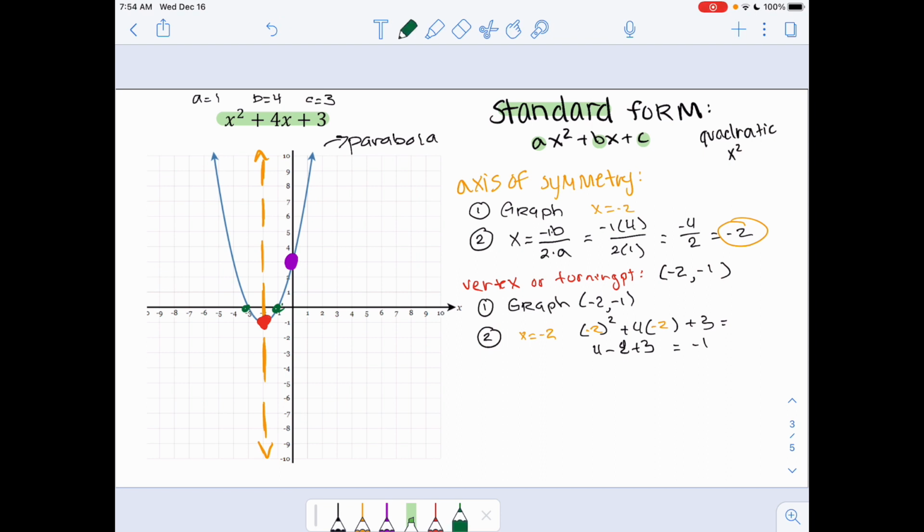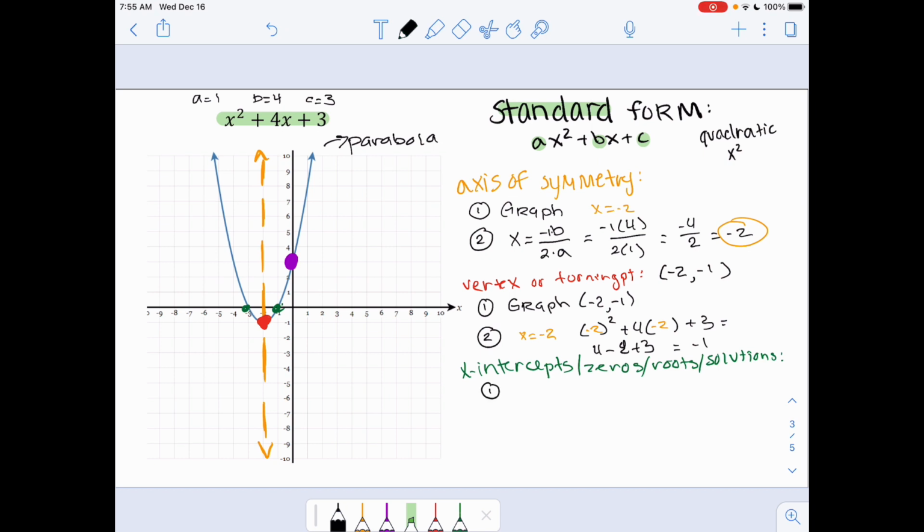What you see highlighted in green is something called the x-intercepts. These are also referred to as the zeros, the roots, or the solutions. You'll hear these words used interchangeably. So again, there's multiple ways to find this answer.